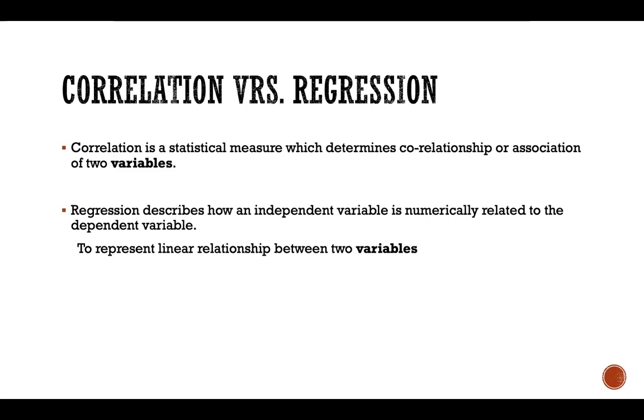Regression analysis helps us describe the relationship, and it also gives us an equation which shows what kind of relationship there is. We have different types of regression that we'll talk about in later videos.